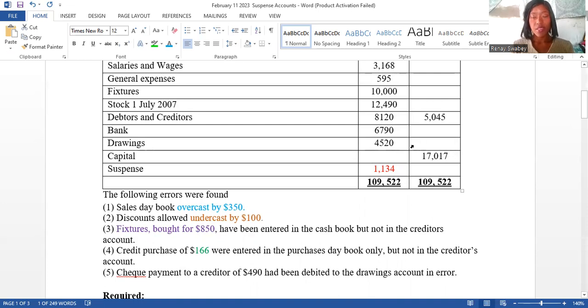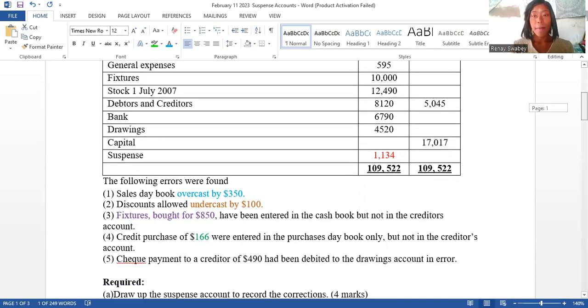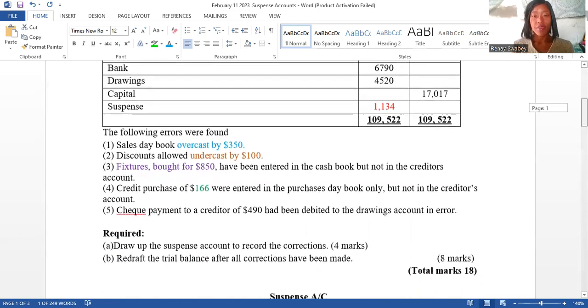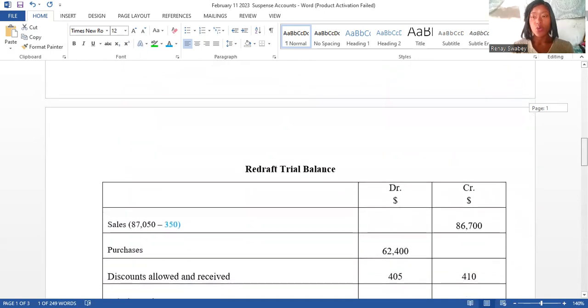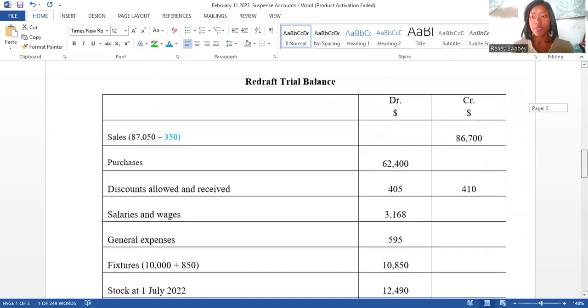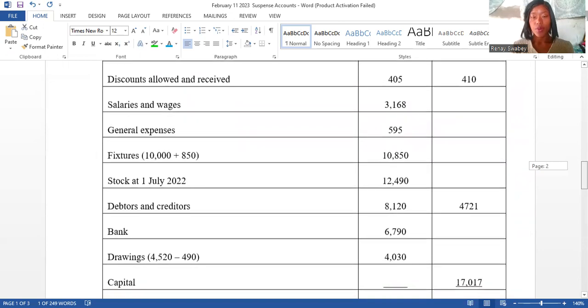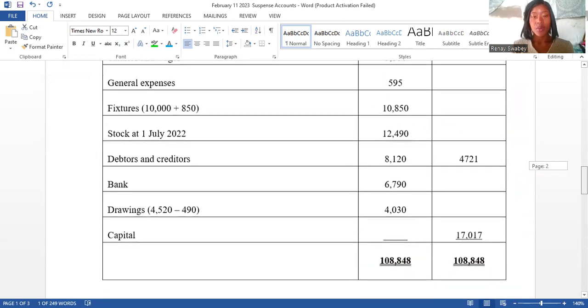So, should it be debited or credited? Good. So let's see. Let's color code it again, so you should be able to remember when you are practicing. When you take the $490 drawings from this $4,520, you are left with $4,030.